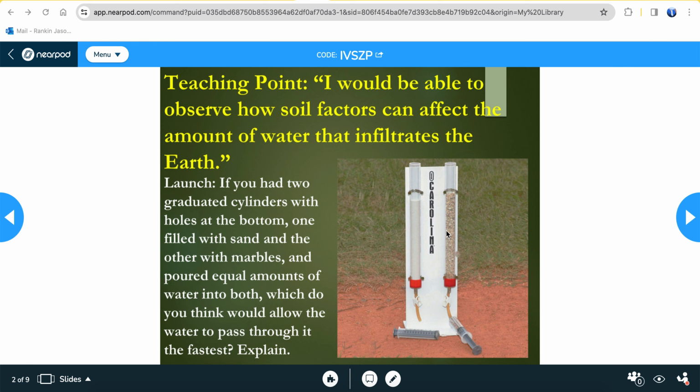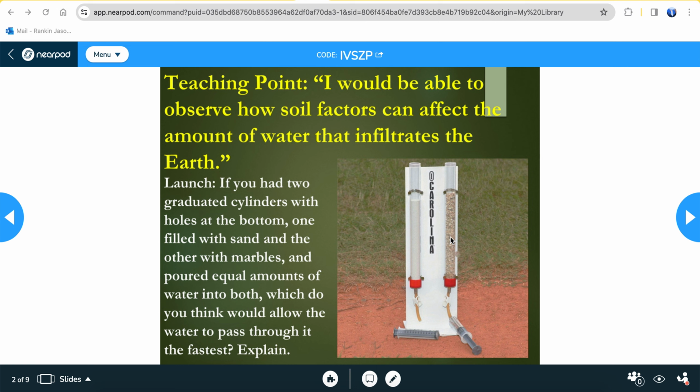So with respect to this, if you pour equal amounts of water, let's say 2 liters, like a 2-liter soda bottle, exactly 2 liters for each, into these tubes, one filled with sand, one filled with marbles, the water will pass through the marbles faster than the sand.